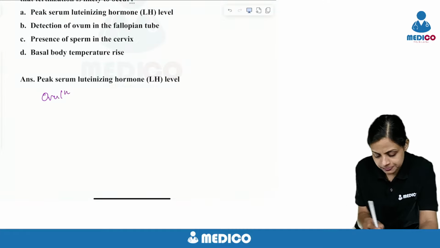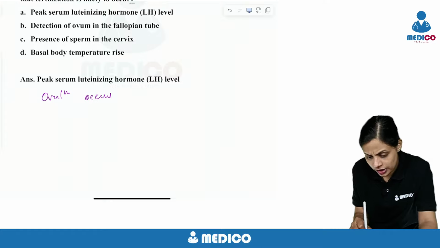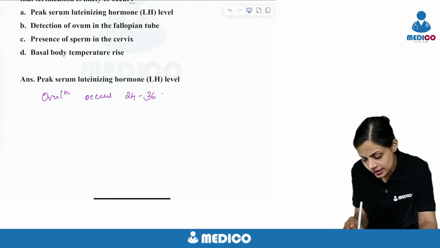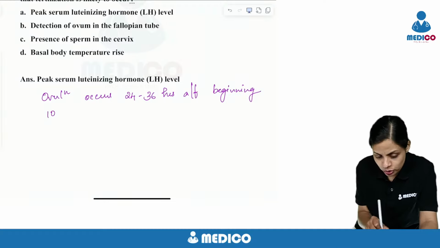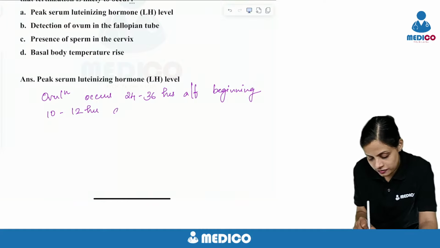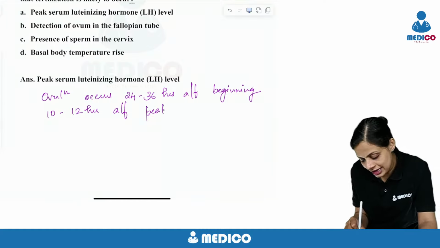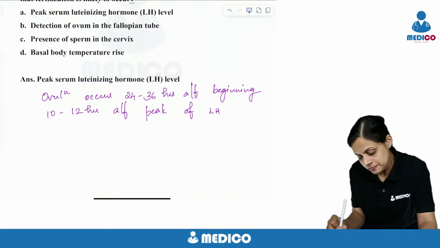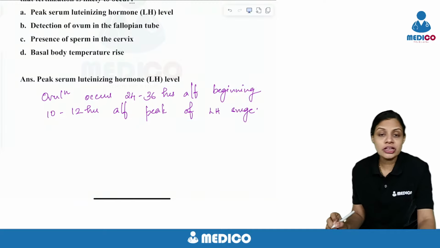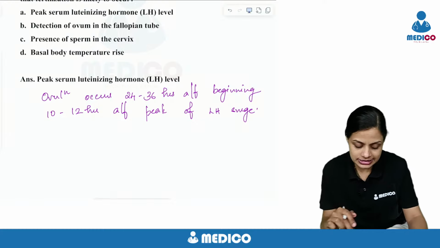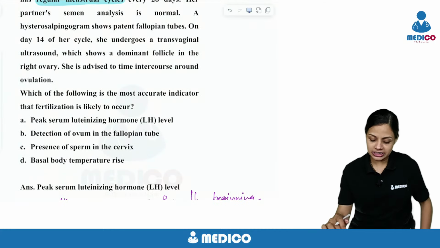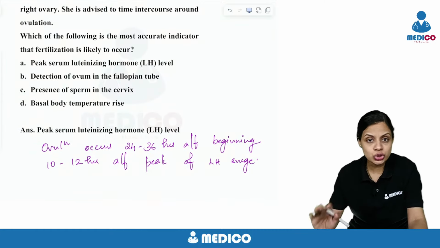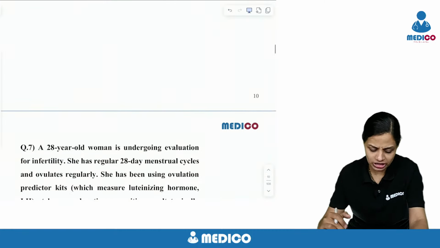Ovulation occurs around 24 to 36 hours after the beginning of the LH surge, and 10 to 12 hours after the peak of the LH surge. Okay, so which is the hormone that you look for to detect ovulation? It is LH. So if you get a question like this, the most accurate indicator that fertilization is likely to occur, you should look for the luteinizing hormone levels.